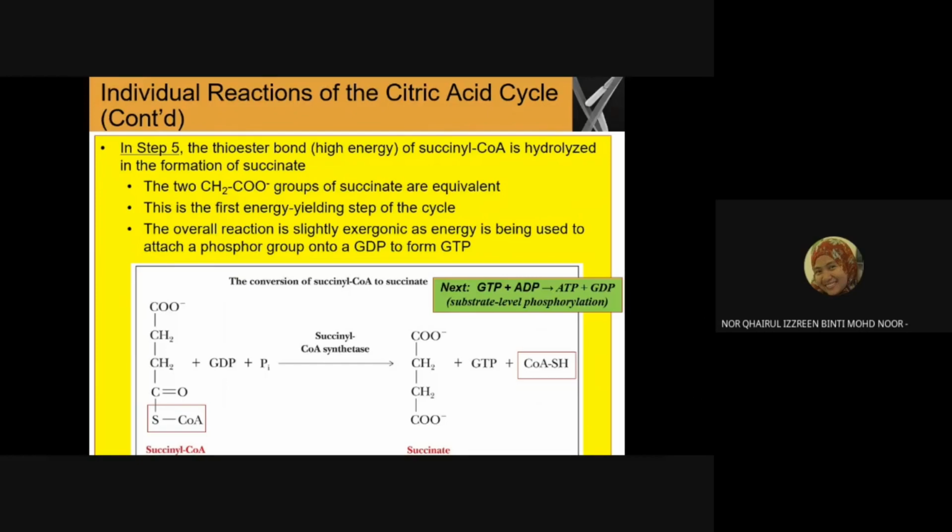Although we have a thioester bond which has high energy, that energy is being used to attach a phosphate group onto GDP to form GTP. So basically this is a phosphorylation reaction. The net reaction produces GTP and coenzyme A-SH, as in the red box on the right-hand side of this figure. This coenzyme A-SH is regenerated, so it can be used again later on, especially in the pyruvate dehydrogenase reaction.